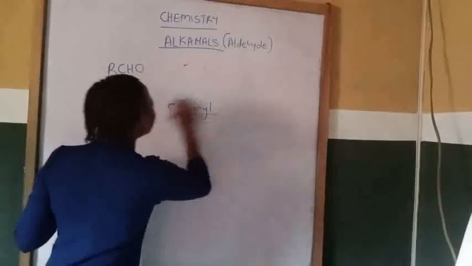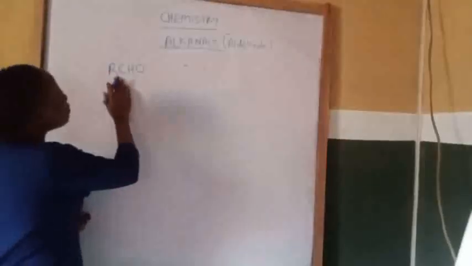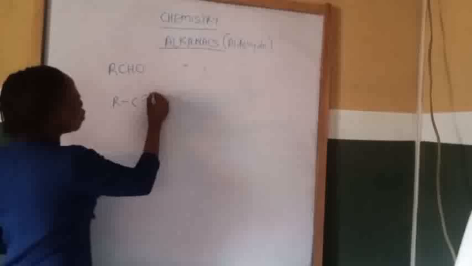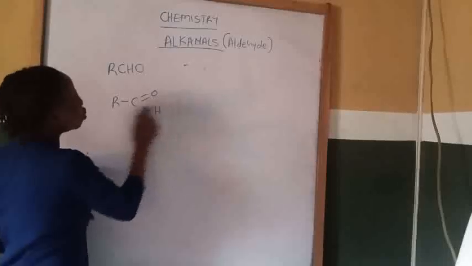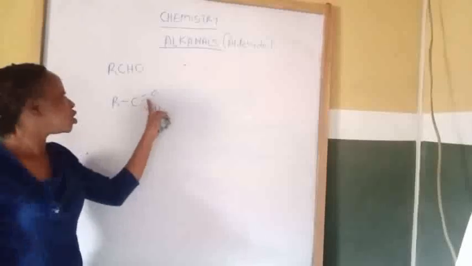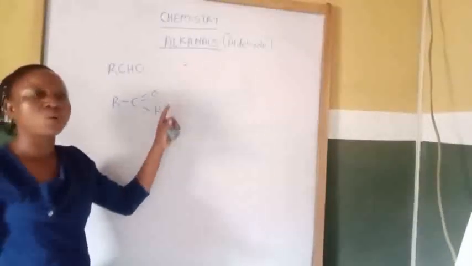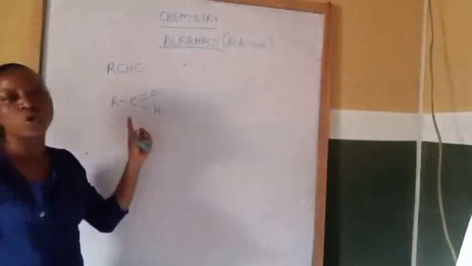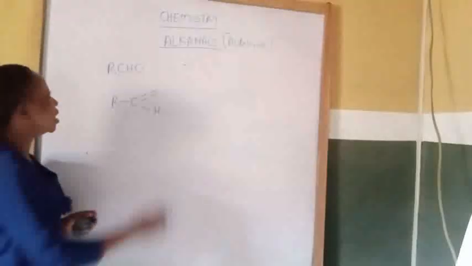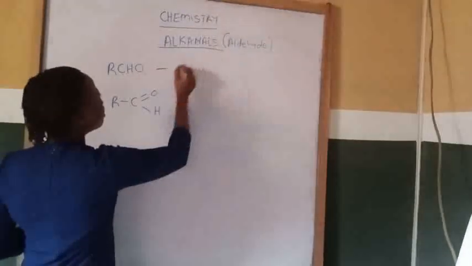The structural formula will be R, C double bond O and H. We can see that the carbon atom from the functional group is double bonded with an atom of oxygen. So that is why we say that alkanal is a carbonyl compound.